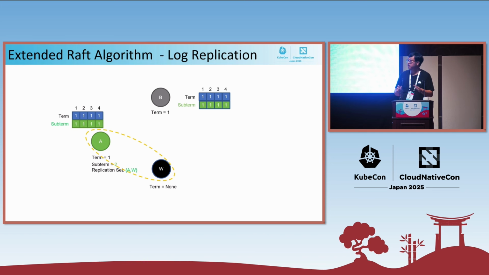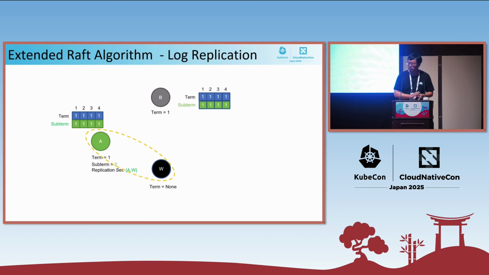Now, besides the log replication between nodes, the leader also needs to replicate its data to the witness. And it does so by picking up the record with quorum minus one acknowledgments. That means it needs one extra acknowledgment to commit this entry.